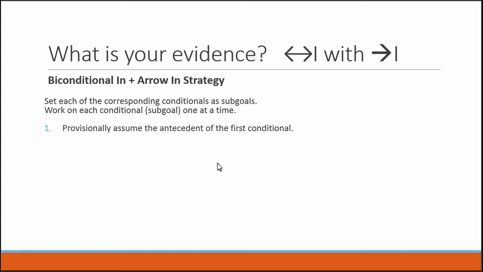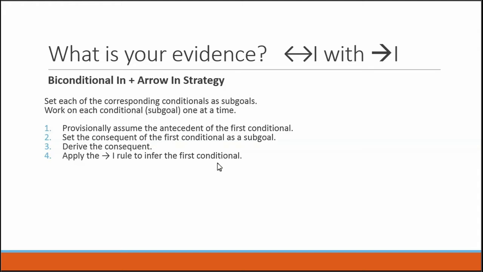Provisionally assume the antecedent of the first conditional. Set the consequent of the first conditional as a subgoal. Derive that consequent. Apply the arrow in rule to infer the first conditional. Now you've got the first conditional. Move on to your second conditional subgoal.